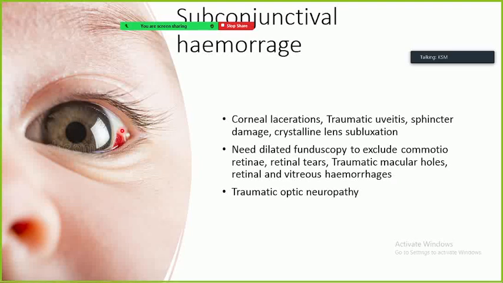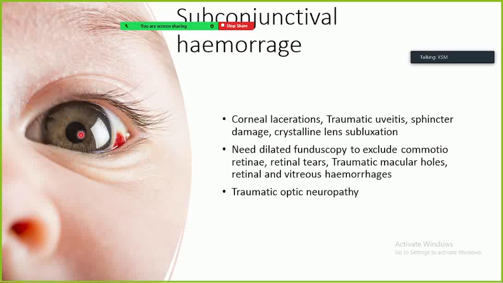So it might be associated with corneal lacerations, traumatic uveitis, that is the iris and uveal tissue inflammation, iris sphincter damage. The pupil is round, so it might not be round any longer, and the lens which is behind the iris can get subluxated or move aside.